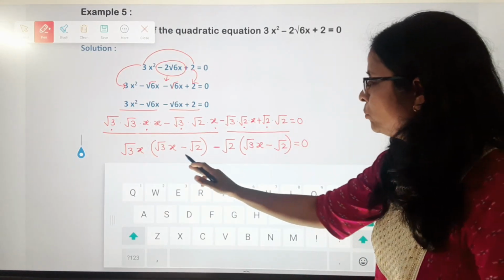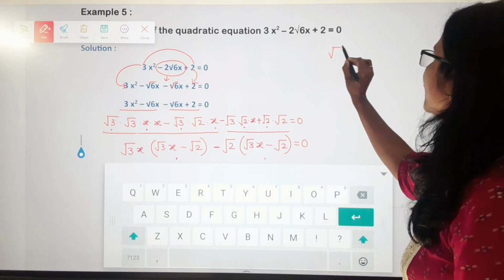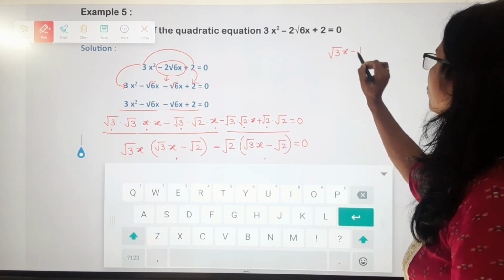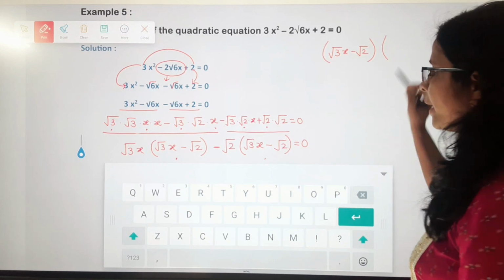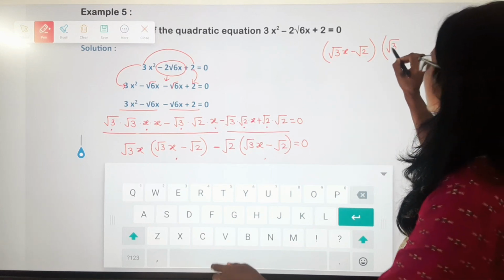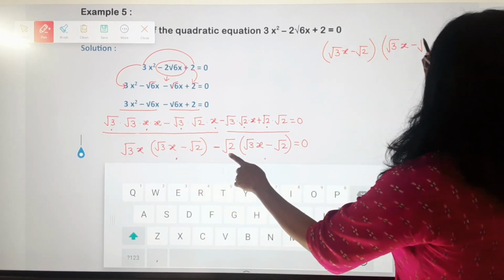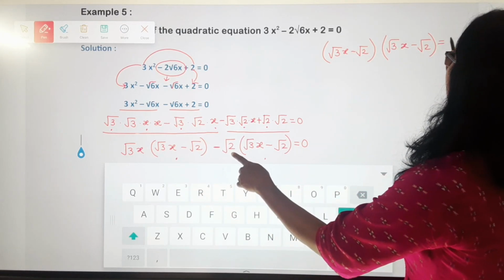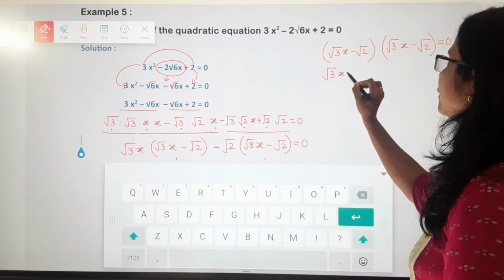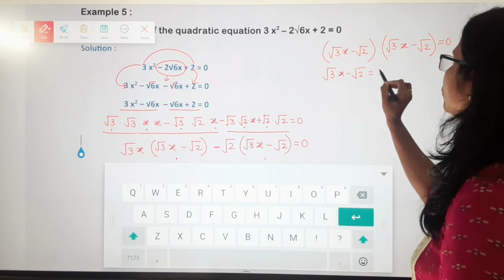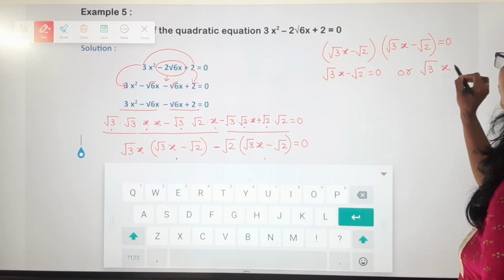Now see, the two brackets are equal, root 3x minus root 2. So write one bracket, and in another bracket write the remaining terms, root 3x minus root 2, which is equal to 0. So now this first bracket is equal to 0, or this second bracket is equal to 0.